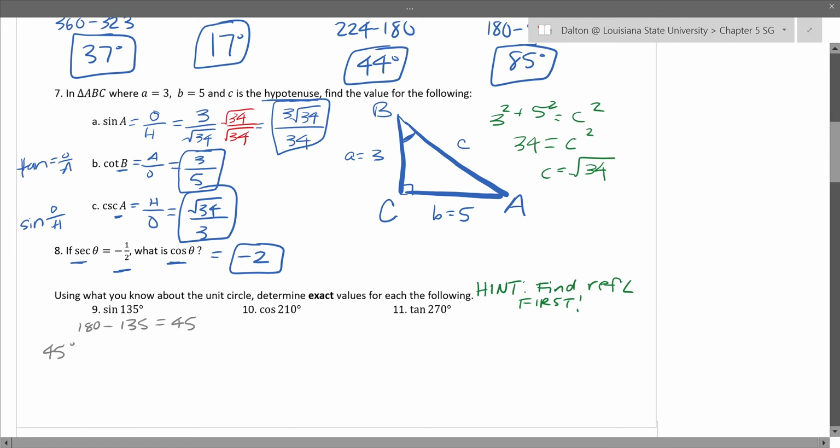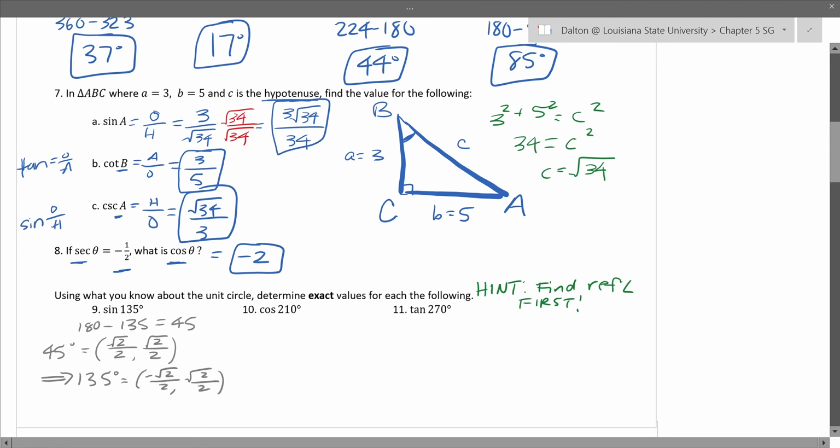I remember that the coordinates at 45 degrees are the square root of 2 over 2 and the square root of 2 over 2. The only difference is that my 135-degree angle, because it is in quadrant 2, is going to have coordinates of negative square root of 2 over 2, positive square root of 2 over 2, because in the second quadrant, my x's are negative.